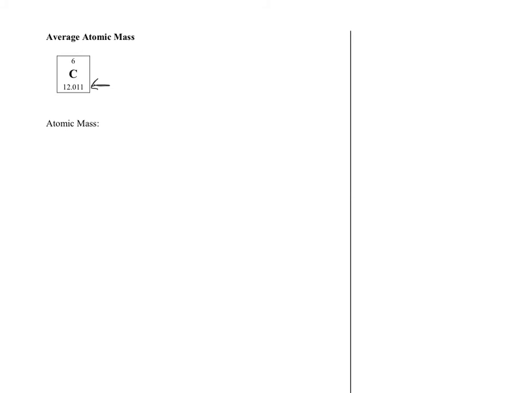There's only one mass on the periodic table, that we call the atomic mass, the mass of the atom. But there's more than one mass for carbon, so it really is an average, okay? And not only is it an average, but it's an average that takes into account how much of each mass is in the natural environment.